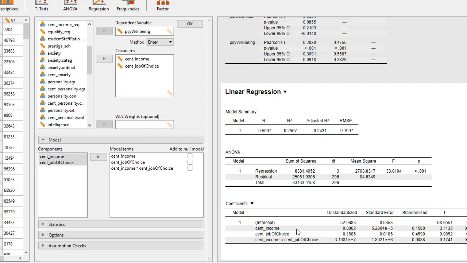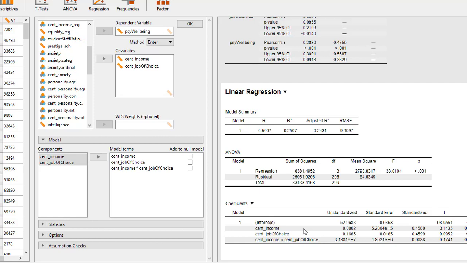So if centered income increases 1 point, then the psychological well-being will increase 0.0002. Now income is a variable that has much higher values than psychological well-being, so let's consider an increase in income of 100, because an increase of 1 is very, very small.